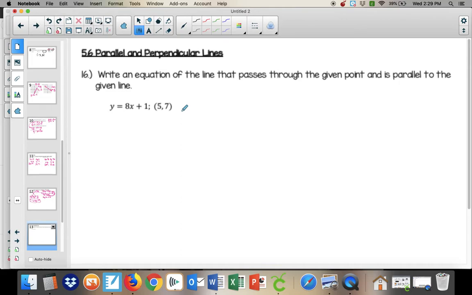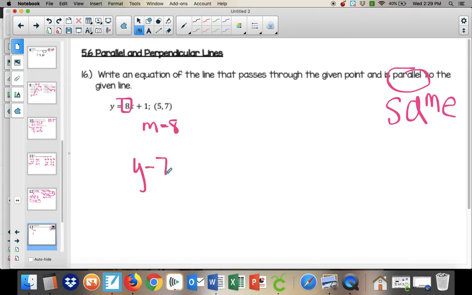All right, write an equation of the line that passes through the given point, and that's parallel. Parallel means same slope, different y-intercepts. So right now it tells me that my slope is 8. So I'm going to keep a slope of 8 and have my point 5, 7. So y minus 7 is 8 times x minus 5.